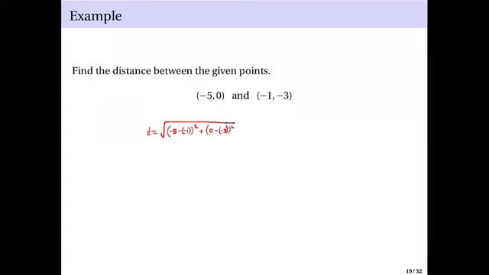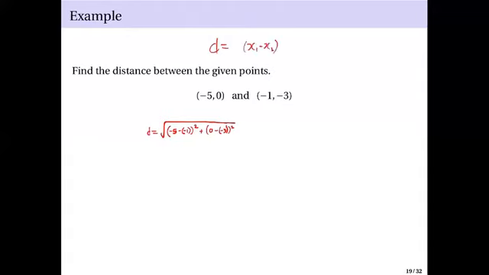So this is the one we are using: distance is x1 minus x2 quantity squared plus y1 minus y2 quantity squared, and then you get the square root of that.